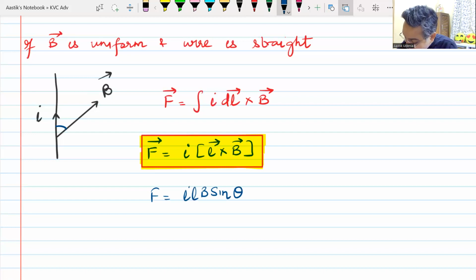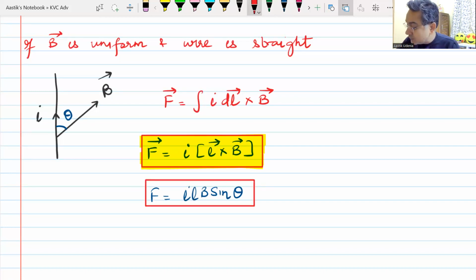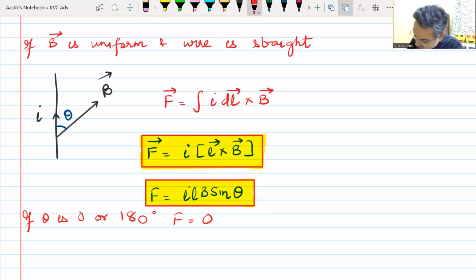Where theta is the angle between the current carrying element or current and B. If theta is 0 or 180 degrees, this force will be 0.